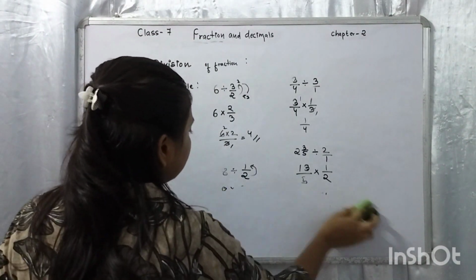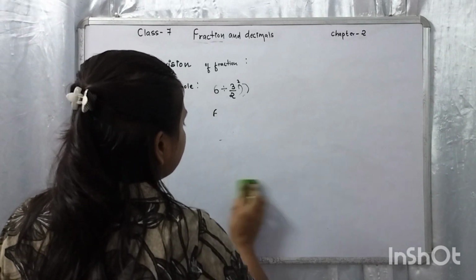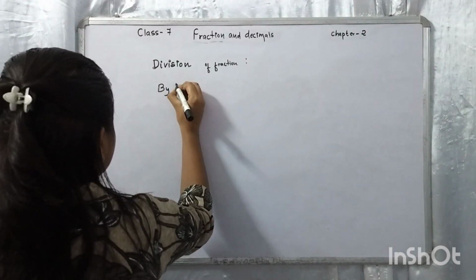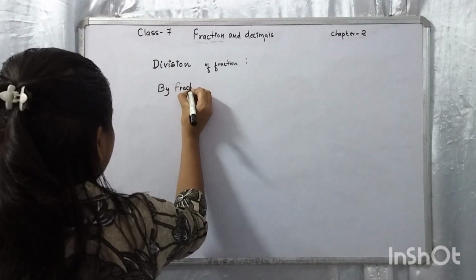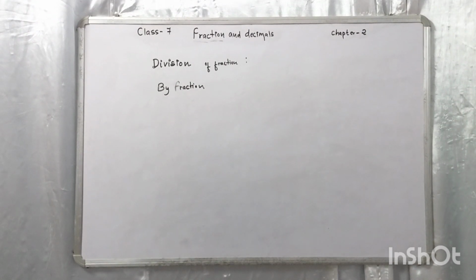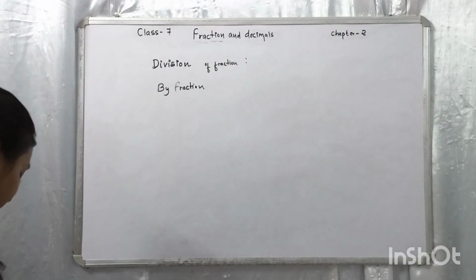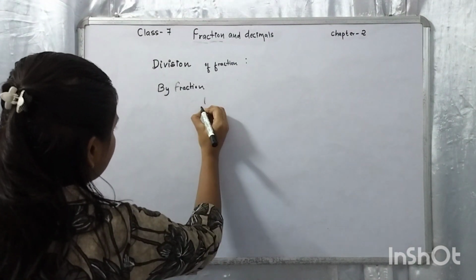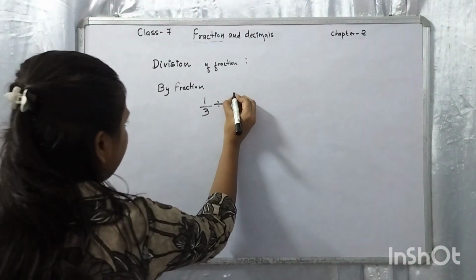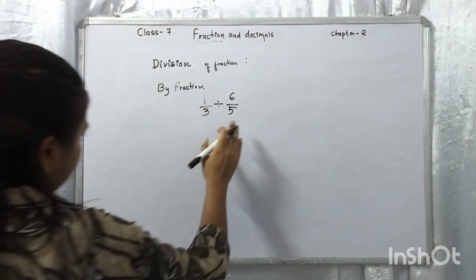Now we will study how to divide a fraction with a fraction. So here we will divide a fraction with a fraction. So how? Let's take one question. That question is 1 by 3 divided by 6 by 5. So you are dividing a fraction with another fraction.